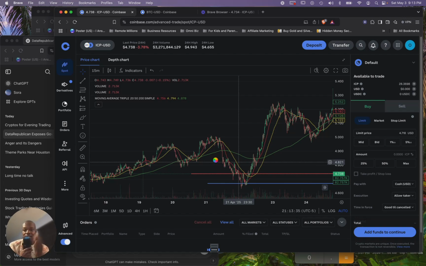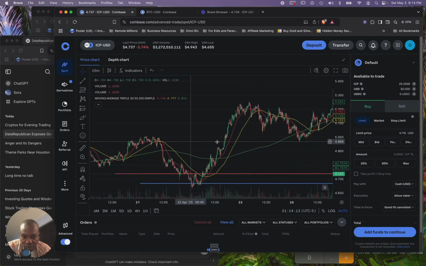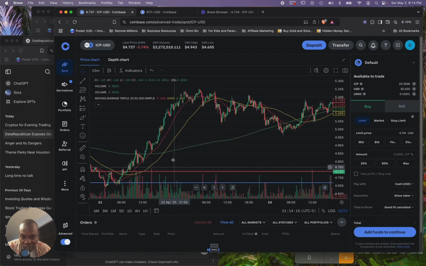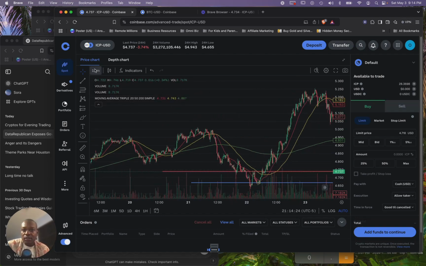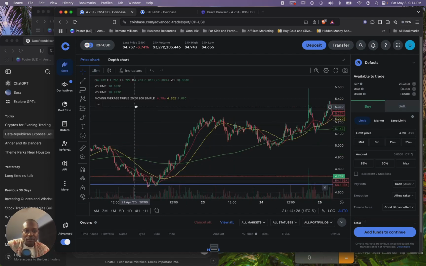So I went to the history to read the future. And I'm going to go back to the future real quick, or our present. And you can see down here, it's the same technique I'm using of just understanding where the action is happening. So there was action, action, action, action, action, action. Okay, so that's the 15-minute chart.